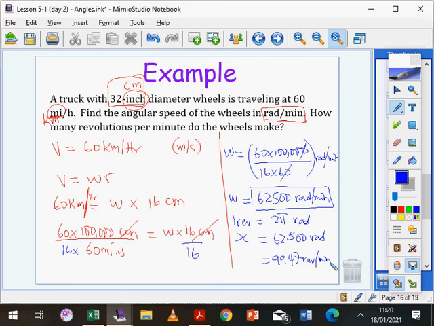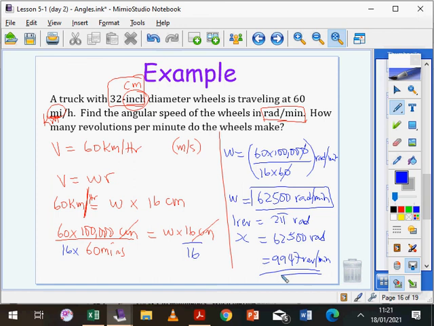That is my angular speed in revolutions per minute. So this truck wheel does 9,947 revolutions in 1 minute. You can take that further to try to figure out how many it makes per second. And I hope you guys know how to make that conversion.